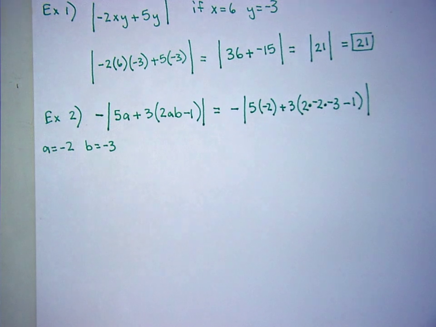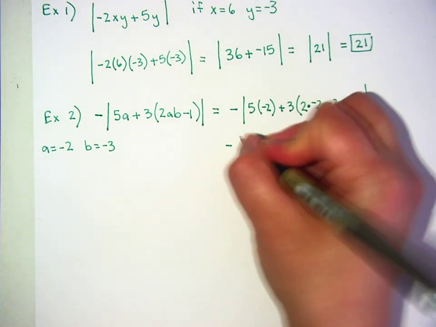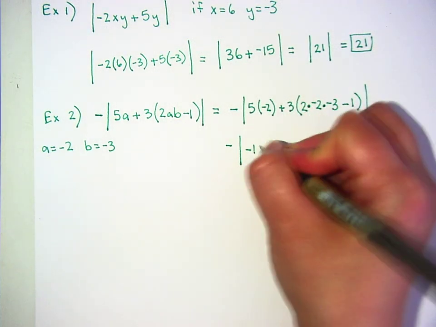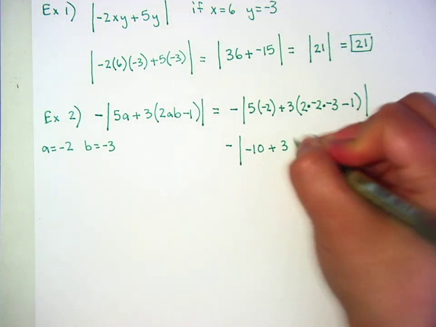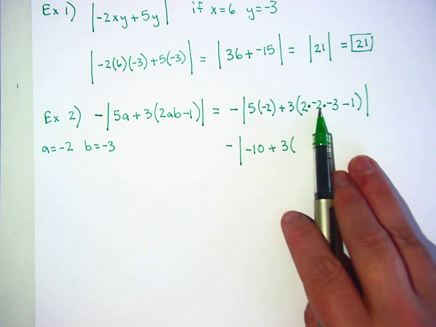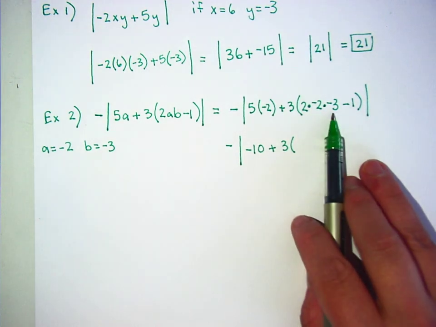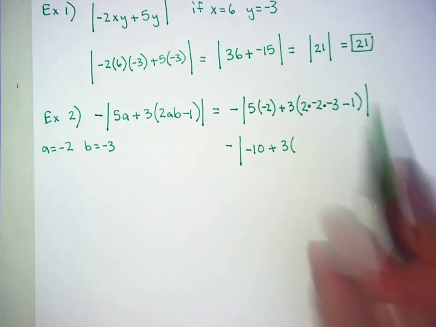So my first step is just writing in the numbers. Now you already said that 5 times negative 2 is negative 10. Plus 3 times, let's see if we can do this all at once. 2 times negative 2, negative 4, times negative 3, positive 12, and then 12 minus 1 is 11.